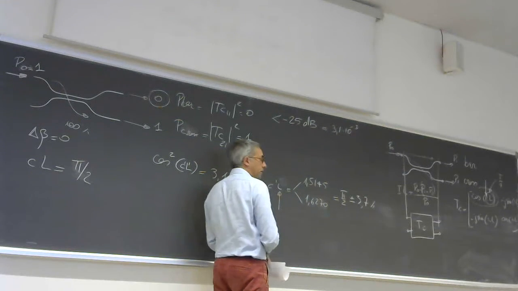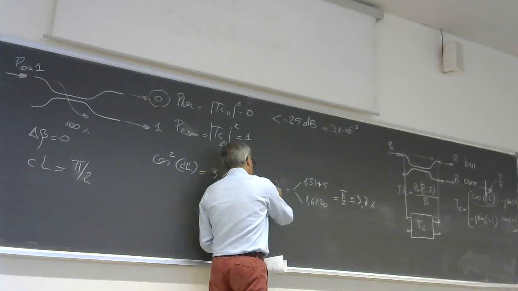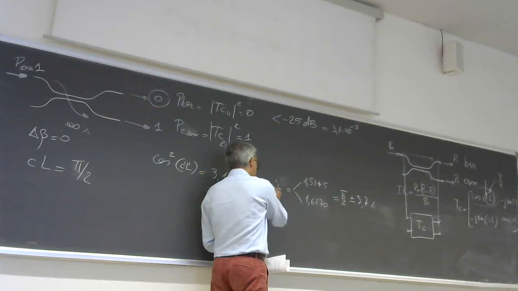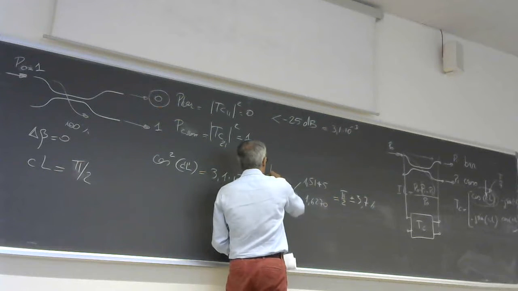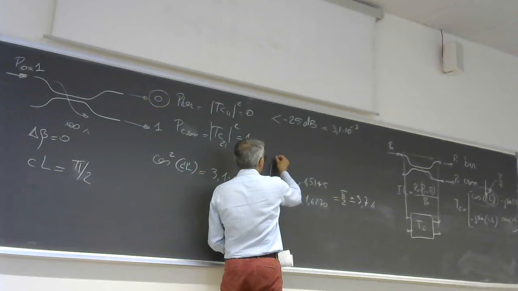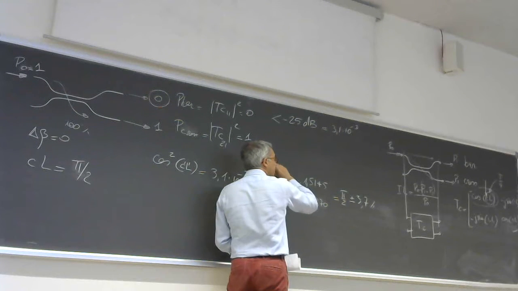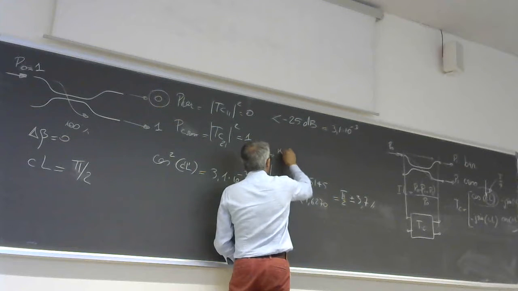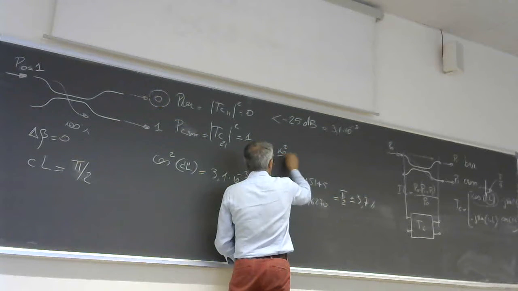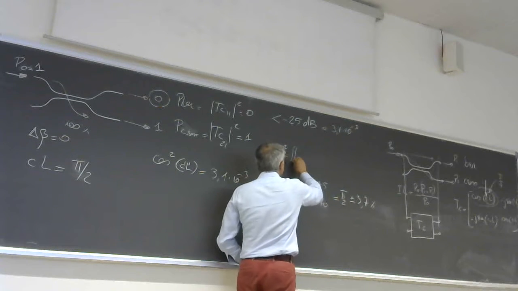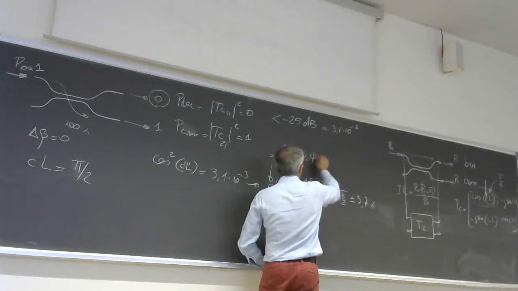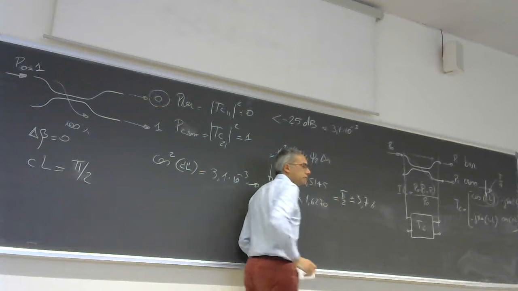I remove the prime here. So the problem is on C, because C is the field coupling coefficient, and you remember the expression is K0 squared divided by beta, the integral of psi1, psi2 delta n.